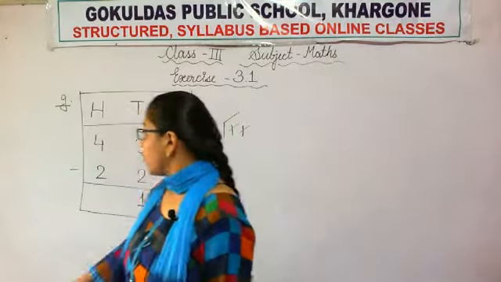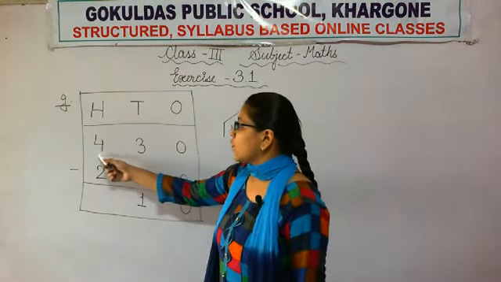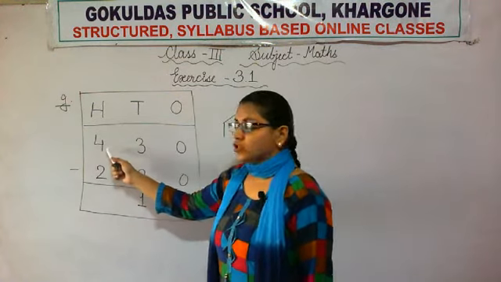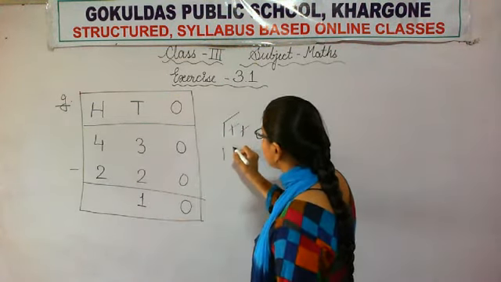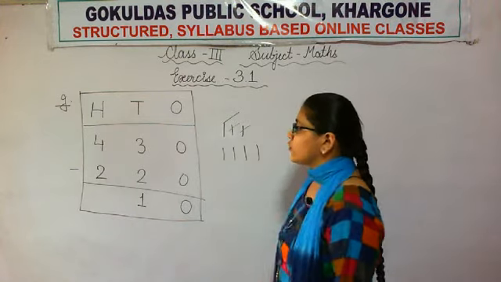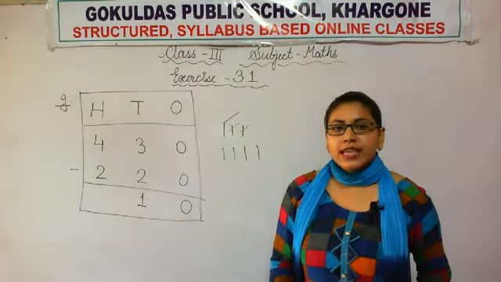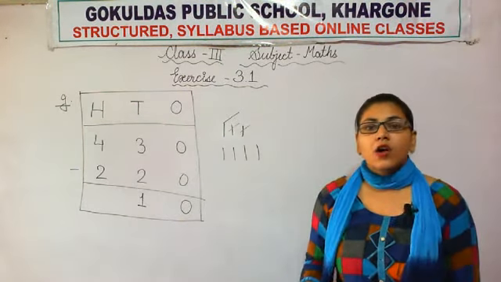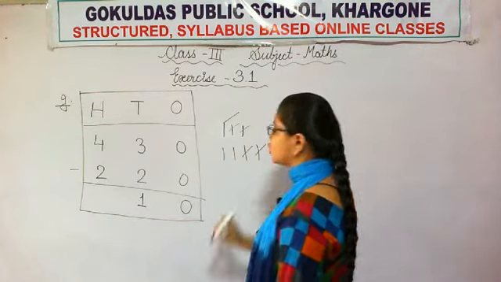Now, it's turn for the last column, which is of hundreds. 4 minus 2. First of all, we will draw 4 sticks. Let us draw 1, 2, 3 and 4. Minus 2, so we will cancel out 2 sticks. Let's cancel 1 and 2.